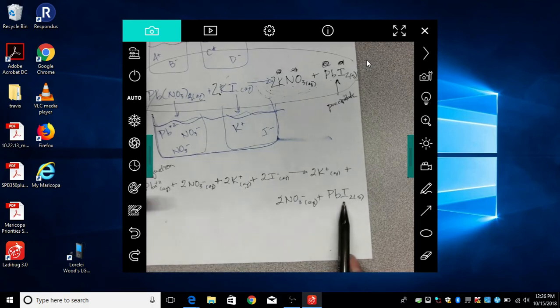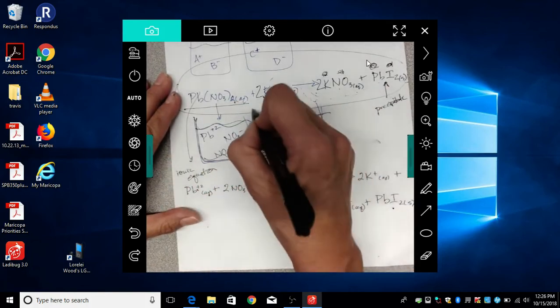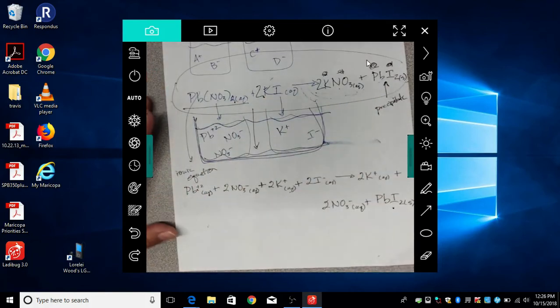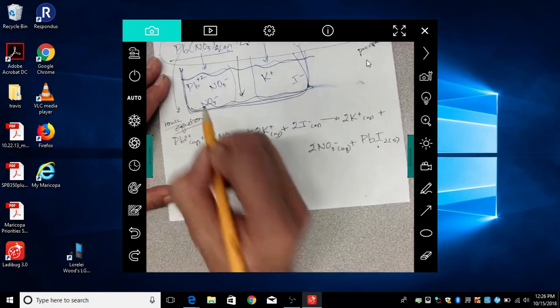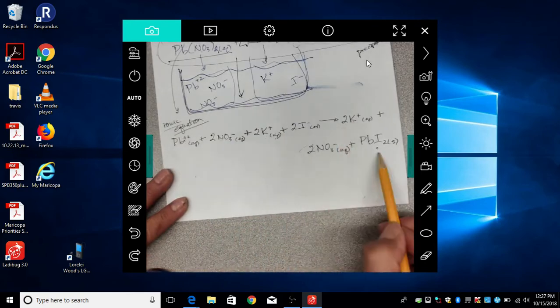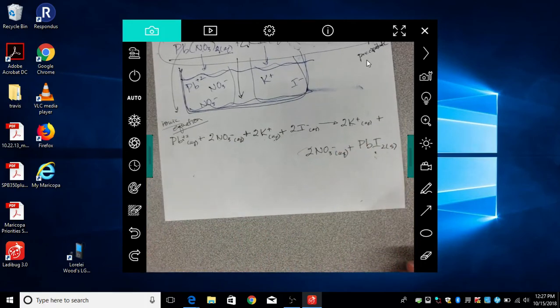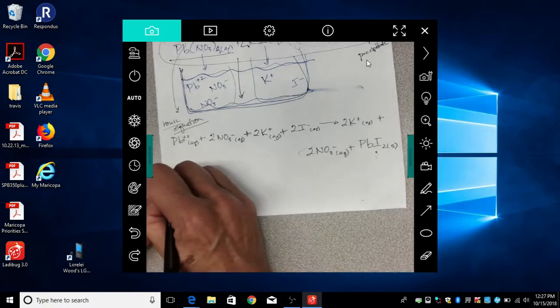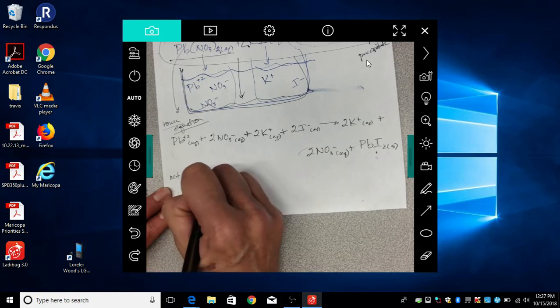What would you see? When I put it all together, all of a sudden you see a solid come out of the solution. I'll show you a video in just a minute what that actually looks like when you put them together. All right, that's the ionic equation, which has all of the component ions, including the states of matter, and shows the precipitate.